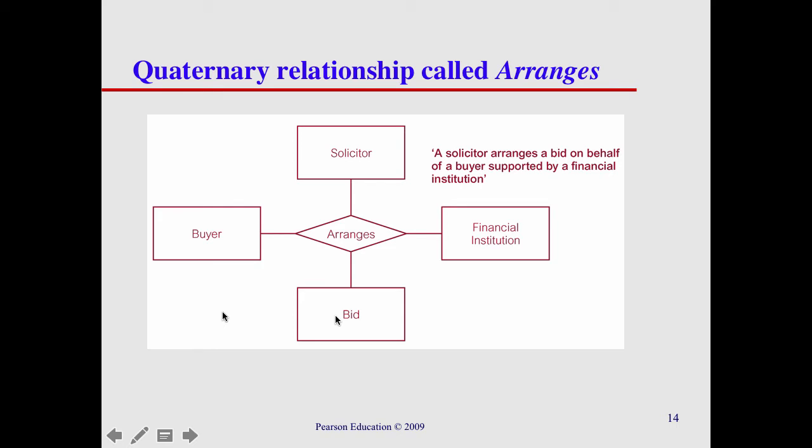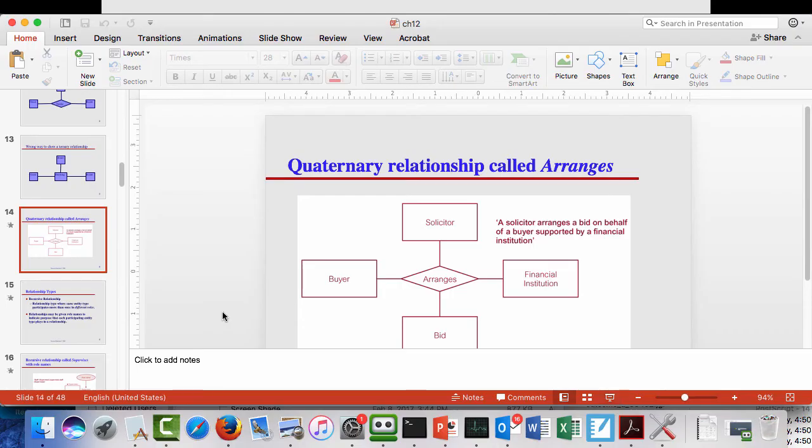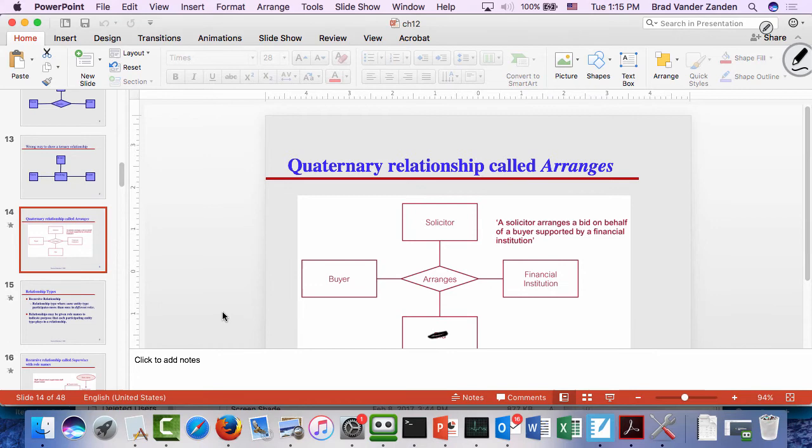In fact, I can't change it because it's the slide that the company did. At any rate, what I would prefer is that this really be company and that be a bid.